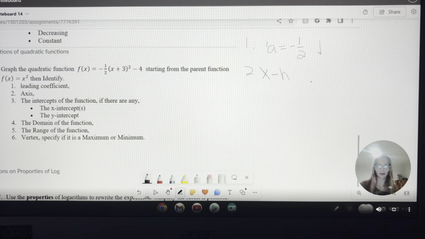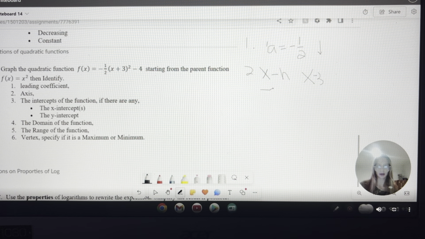So in this case, it would be x minus 3. So the axis of symmetry would be -3.